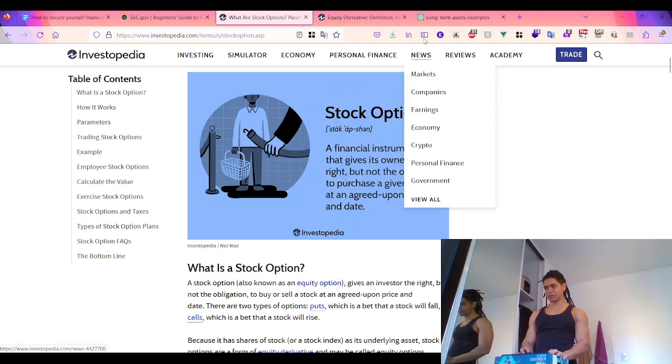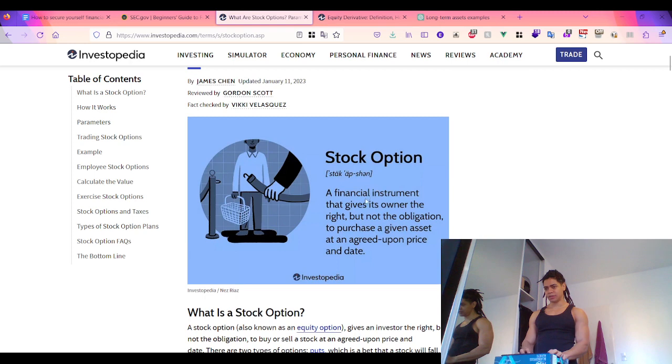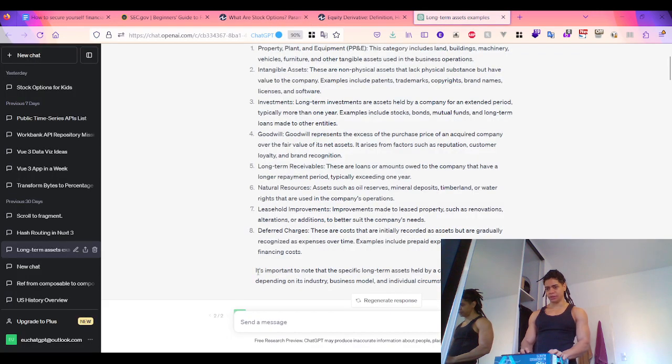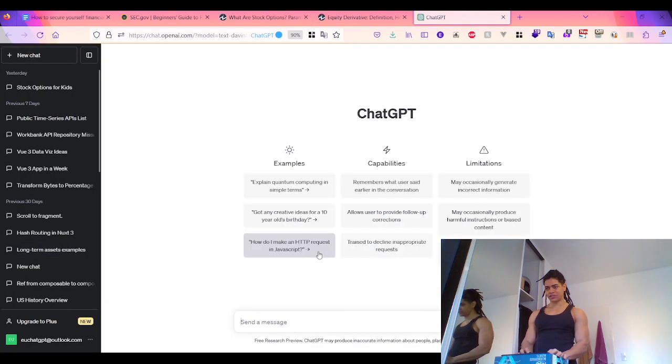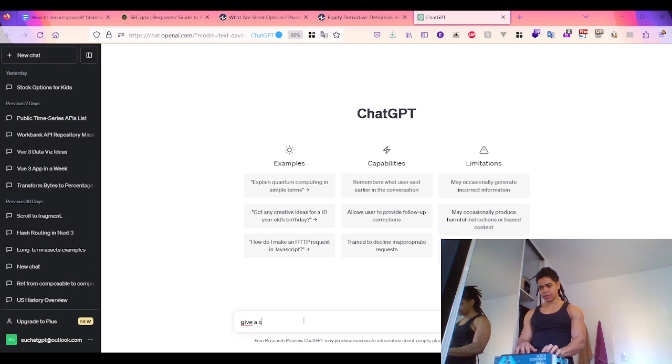So for example, if I now ask ChatGPT to summarize this, I say, give a summary of the following text delimited by triple backticks.